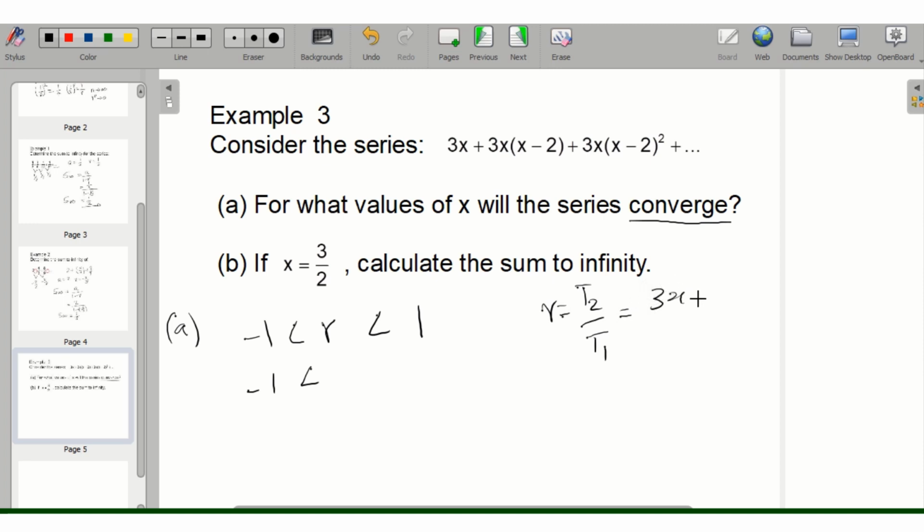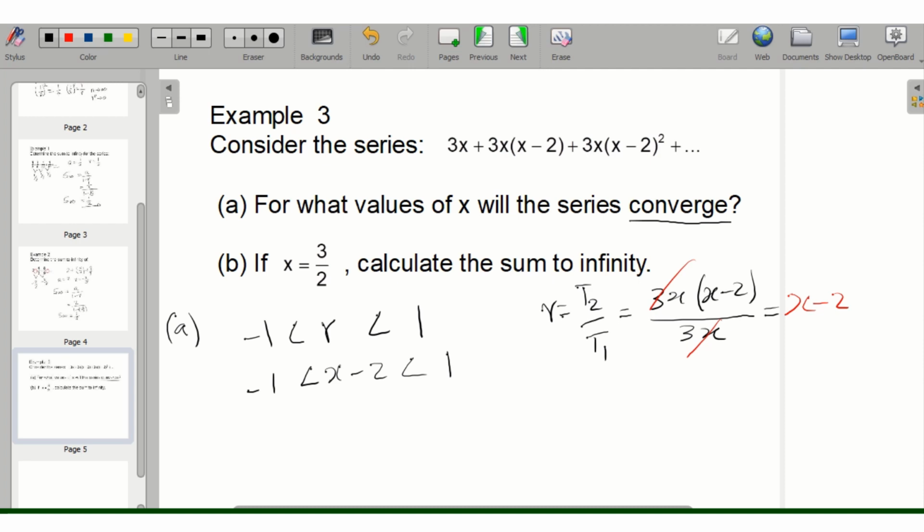It's 3x into x minus 2 all over 3x. Now this 3x will divide this 3x. So we are left with a value of r of x minus 2. So it means our r is x minus 2.